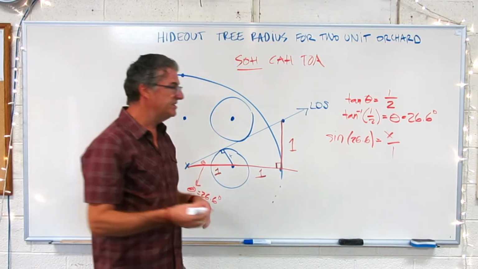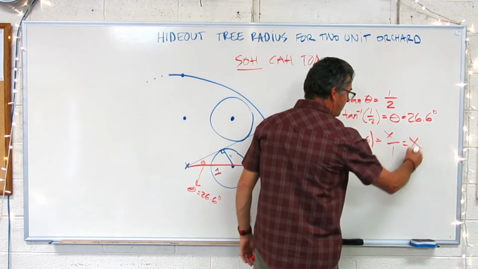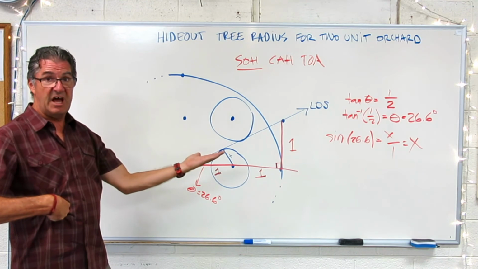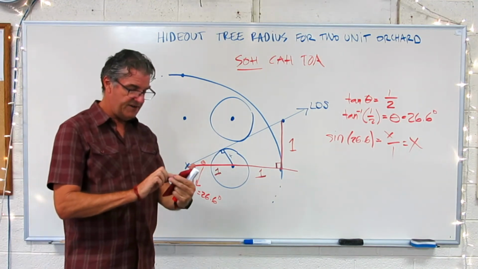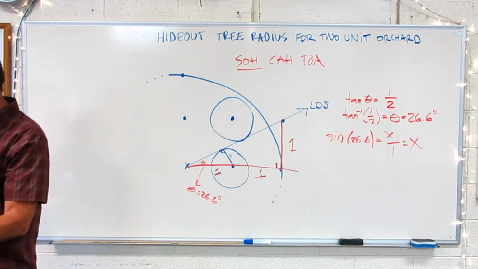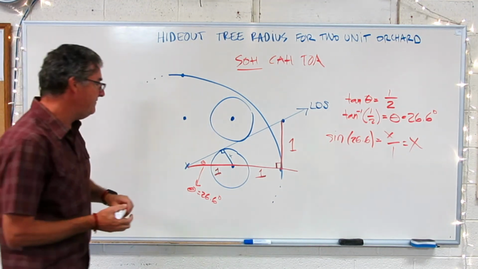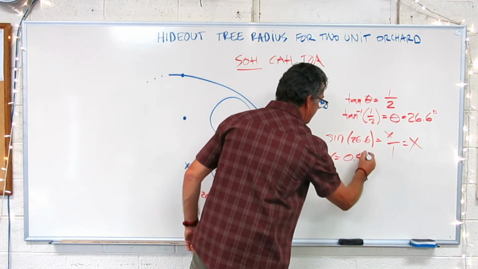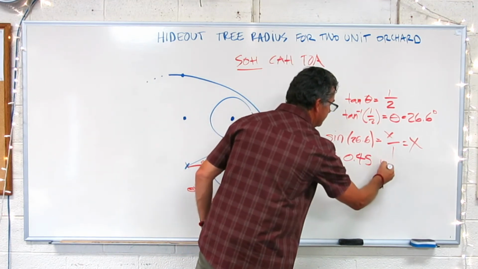Anything over 1 is just itself. So that tells us that our x is just going to be sine of 26.6. Do sine of 26.6, and I get 0.447. So let's round that to 0.45. So x equals 0.45 units.